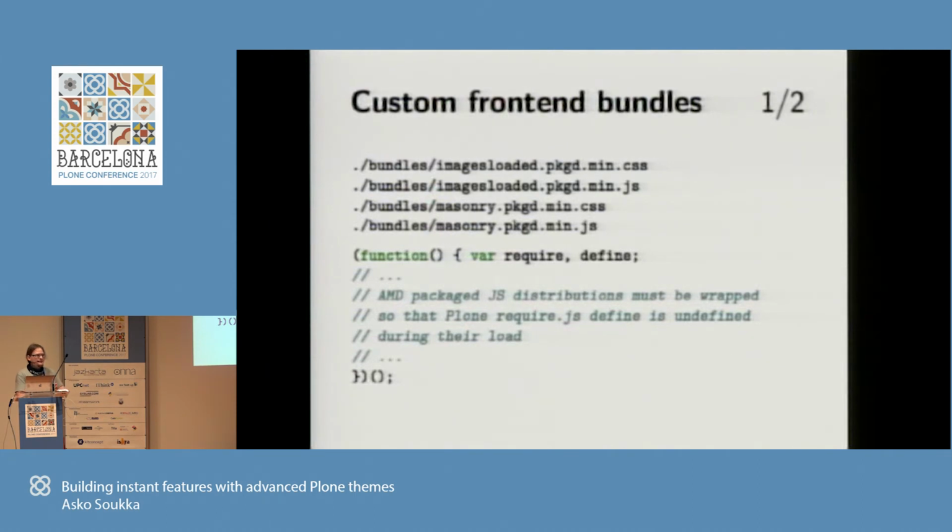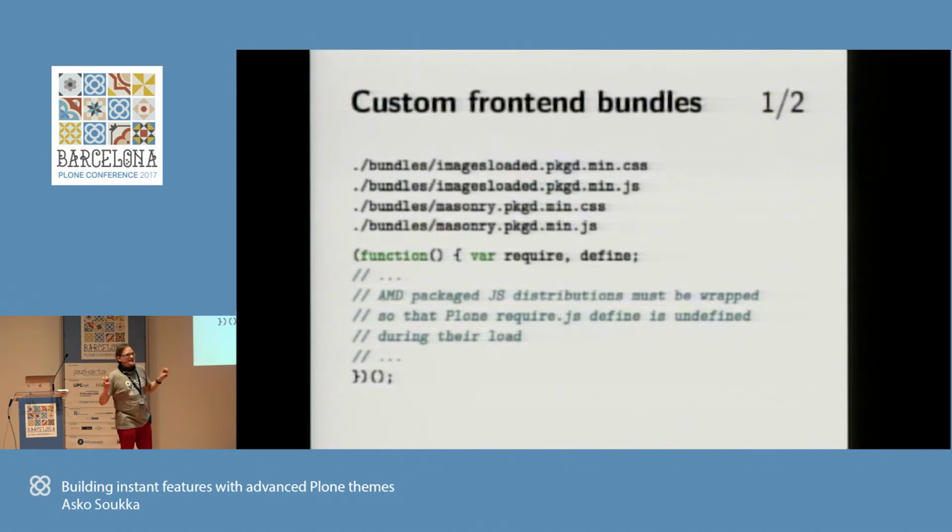So practically, you can use any JS bundles, JavaScript libraries quite easily this way. There are some gotchas. I wanted to use Measure.js, which also needed something called imagesLoaded to only make a layout after all images have been loaded. And I used the official distribution of them, and the official distributions are so-called AMD bundled.